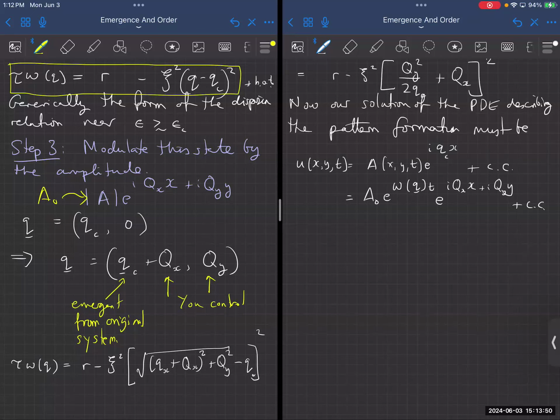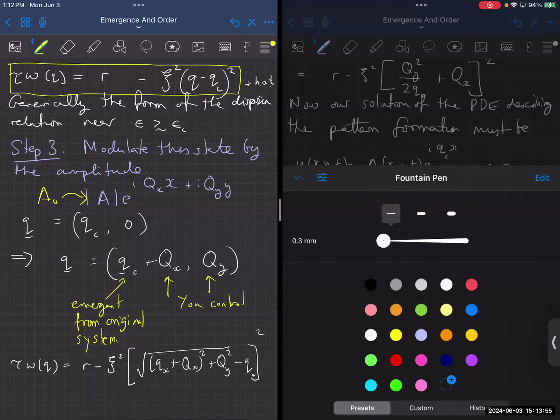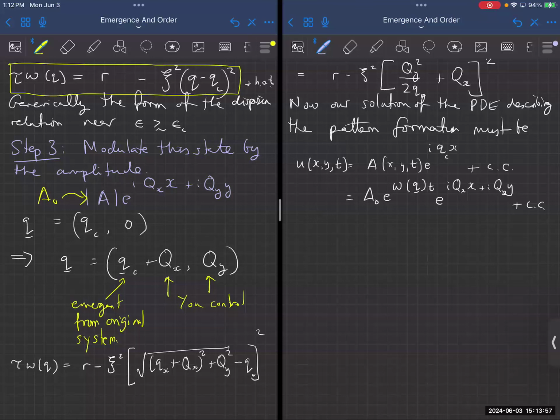Okay, so now we're going to do Schrodinger's trick. Schrodinger's trick was to say, okay, fine. What we know is that I have an e to the omega of q t, and that's the same thing as differentiating with respect to time. And similarly, if I were to differentiate with respect to x, then that would give you a qx, but with a factor of i, and a factor of qy comes from i d by dy.